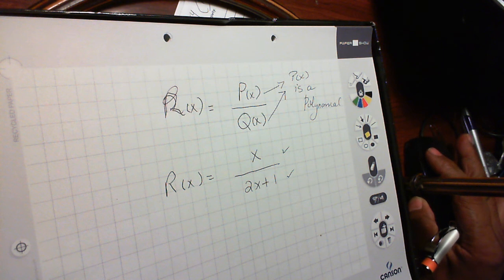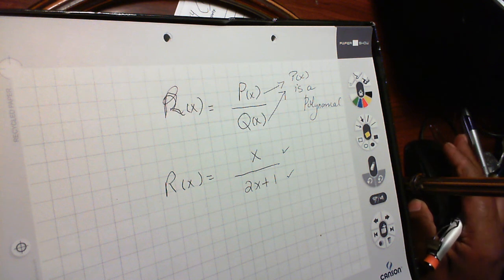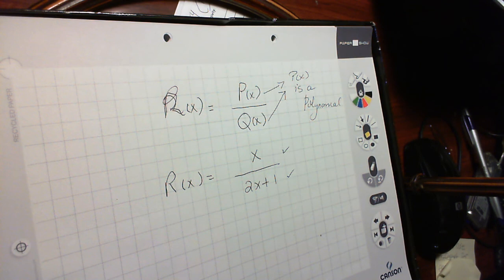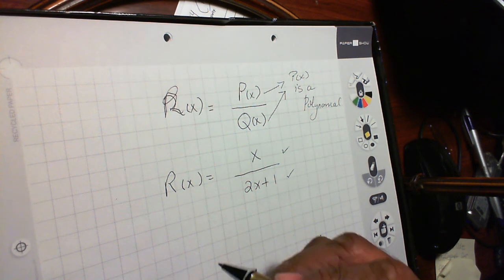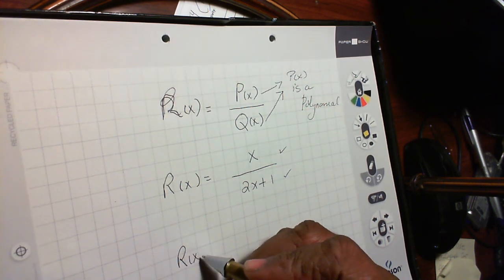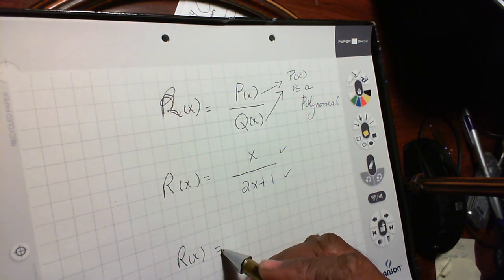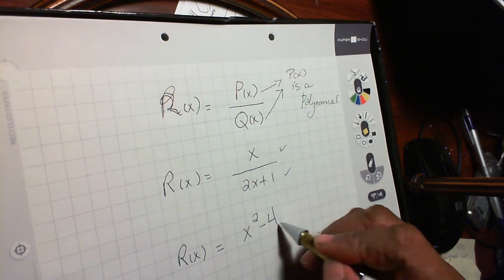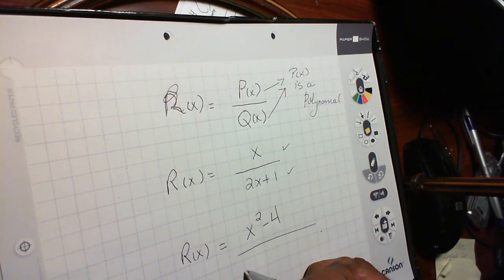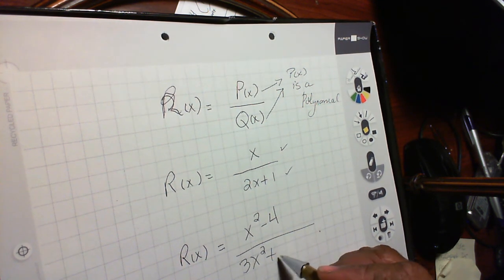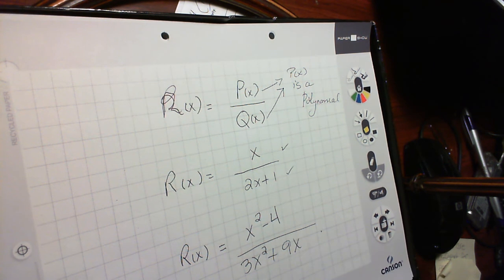Now let's look at something a little bit more difficult, where we have to find the domain of a rational function. This is where it gets a little bit more complicated, because we'll look at a function like R of x is equal to x squared minus 4 divided by 3x squared plus 9x.